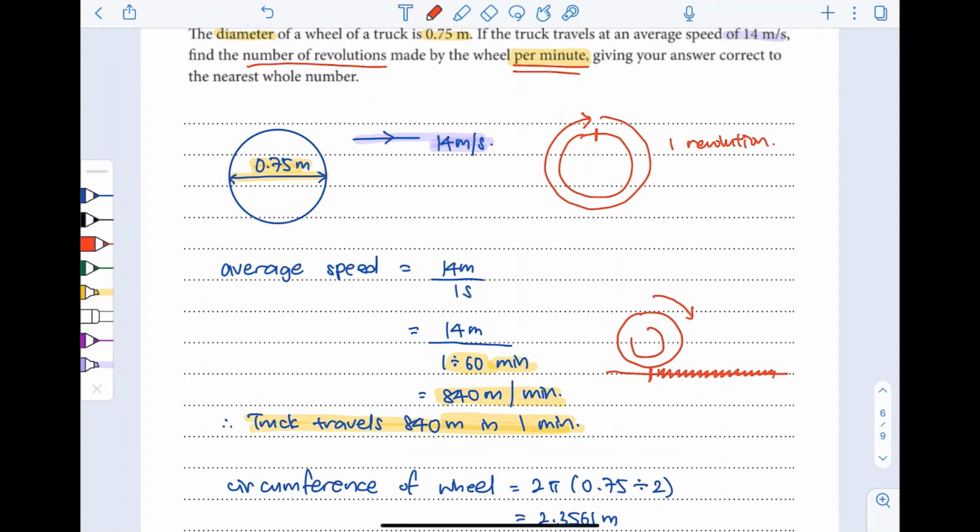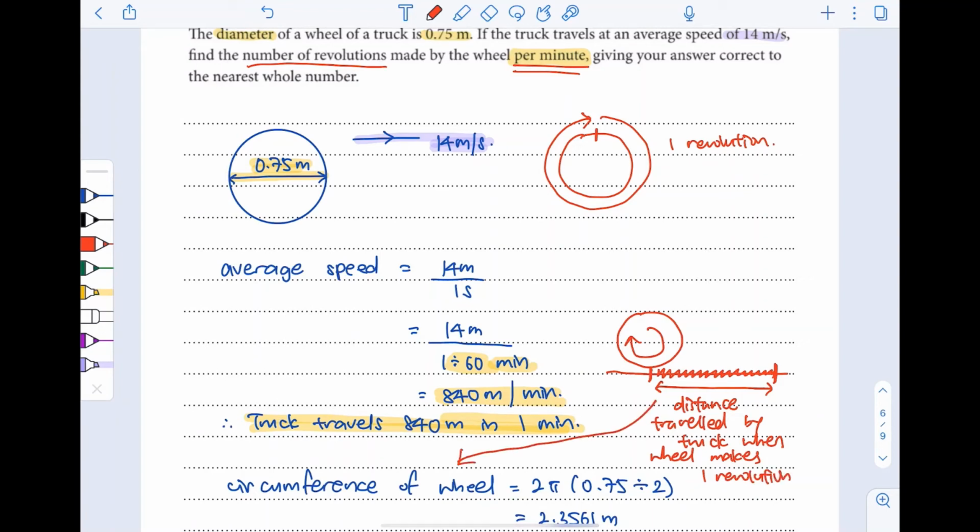So imagine that one entire cycle, if it continues to roll one round, imagine that this is actually the distance traveled by the truck for one revolution, when the wheel makes one revolution. And this distance itself is none other than the circumference of the wheel.